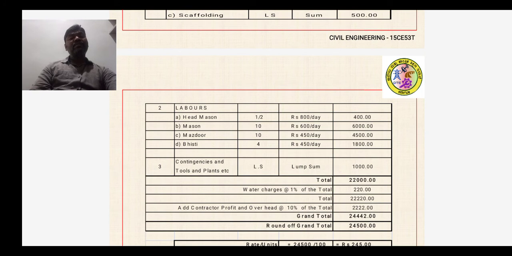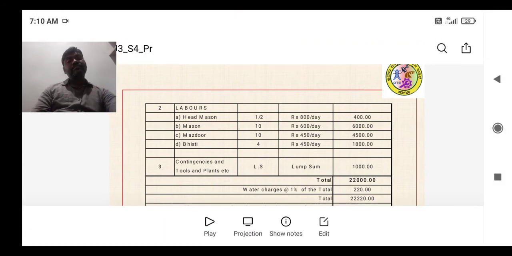Mazdoor labors, male or female, 10, rupees 450 per day, and bisti 4 numbers, rupees 450 per day. Bisti means mixing of cement and sand labor. Mortar mixing labor is called bisti. Four numbers, rupees 450 per day, 4 into 450, 1800.